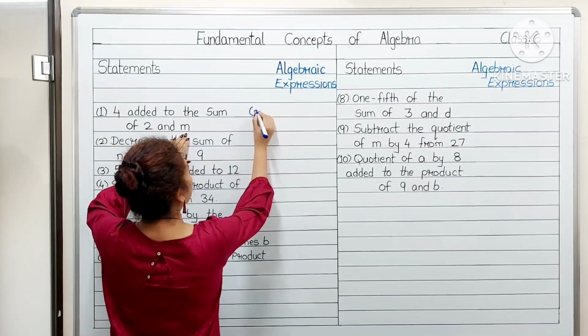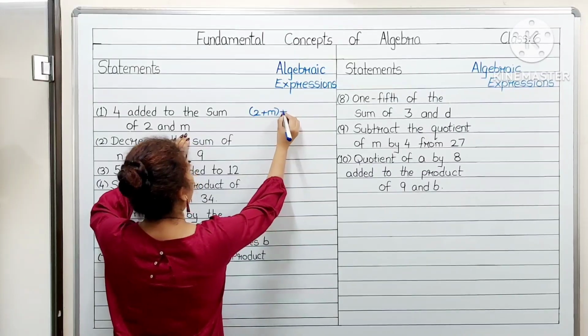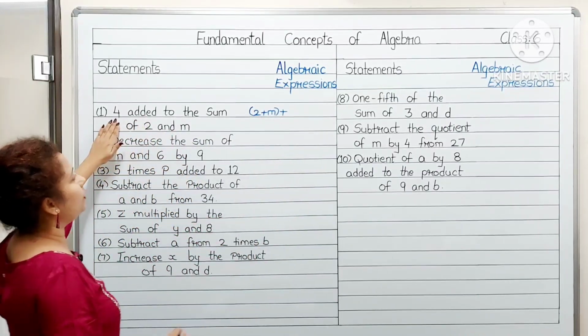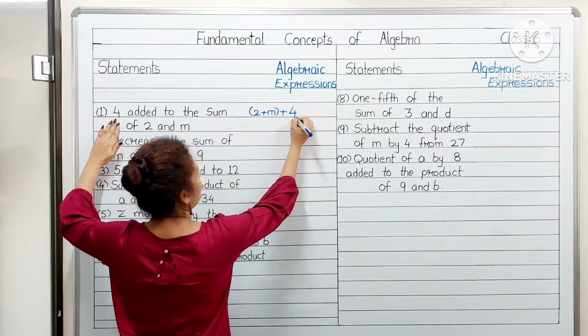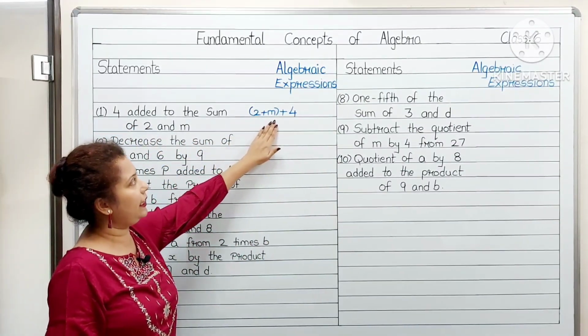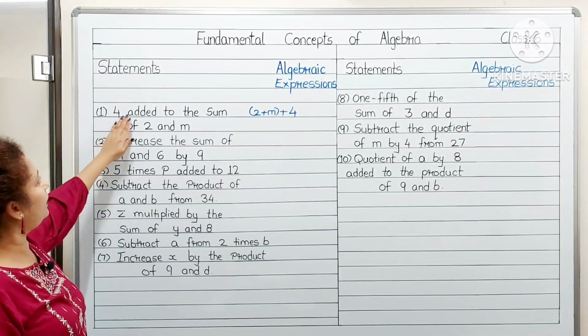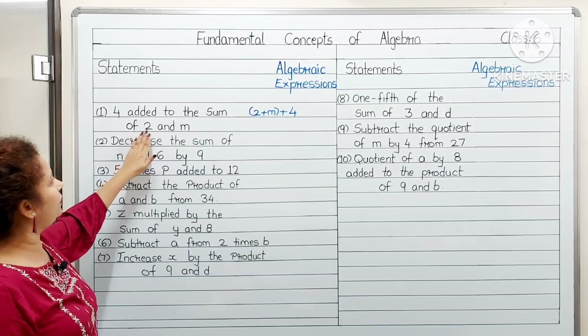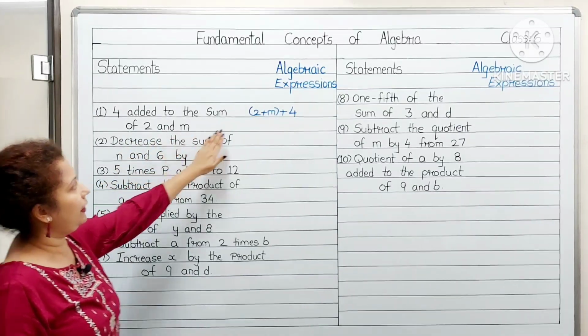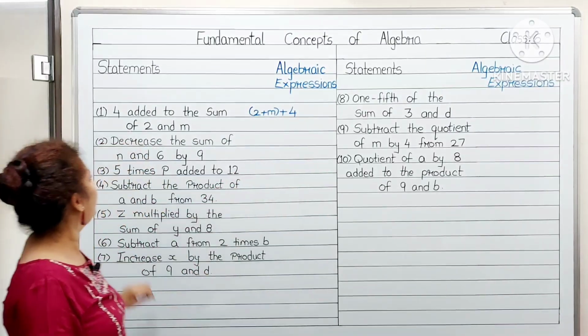So here 2 plus m. We will write it in brackets and we have to add 4 to it. So the algebraic expression will become (2 plus m) plus 4. So here 4 added to the sum of 2 and m is (2 plus m) plus 4.